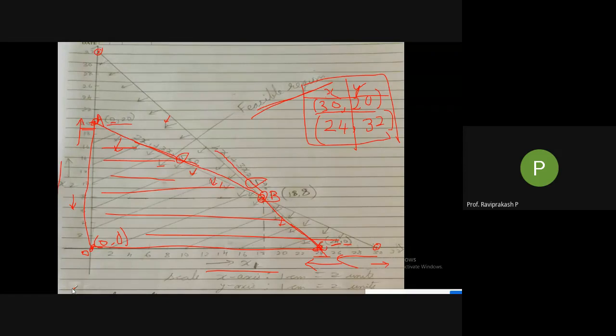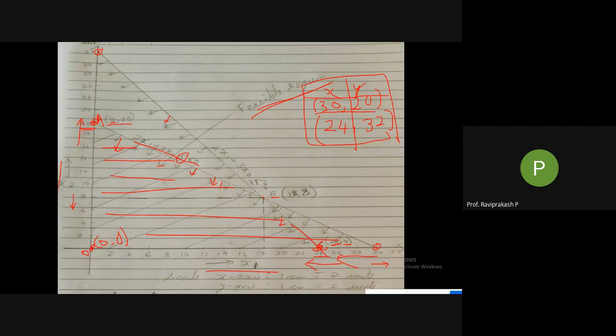Now I'll erase this first, then we can go towards B. So if you see here, this is the point B. I have already marked it here. You have to go straight, parallel to the x-axis and parallel to the y-axis, to this point.